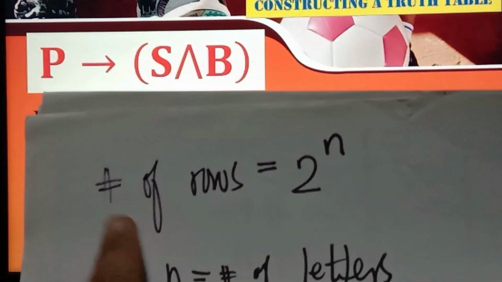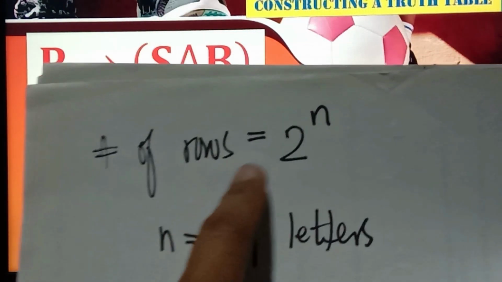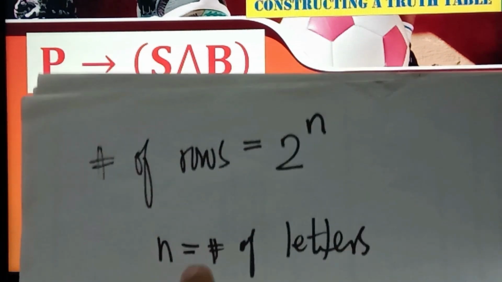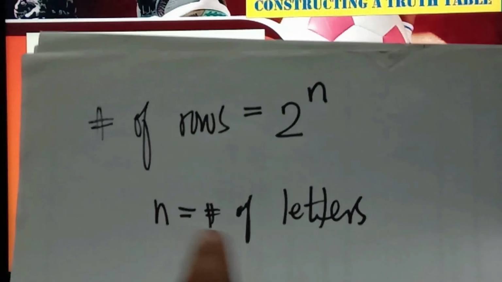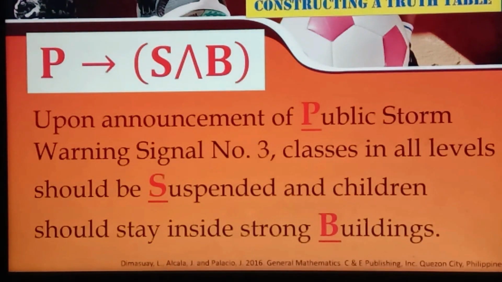So again, the number of rows will be equivalent to 2 raised to n, where n is the number of letters. In this case, the number of letters we have here is 3, so you will be expecting 2 raised to 3 rows, which is actually equivalent to 8 rows.